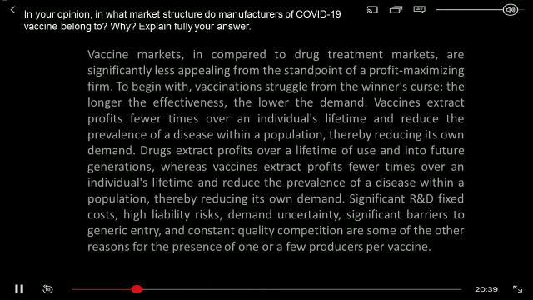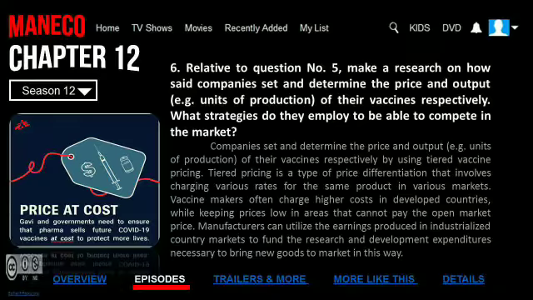So, the drugs extract profits over a lifetime of use and into future generations, whereas vaccines extract profits fewer times over an individual's lifetime and reduce their own demand. So, significant R&D fixed costs, high liability risk, demand uncertainty, significant barriers to generic entry, and constant quality competition are some of the other reasons for the presence of one or a few producers per vaccine.